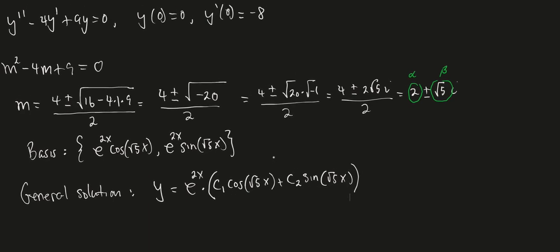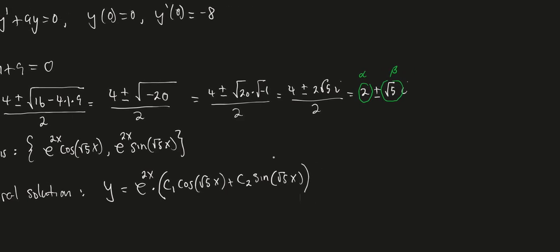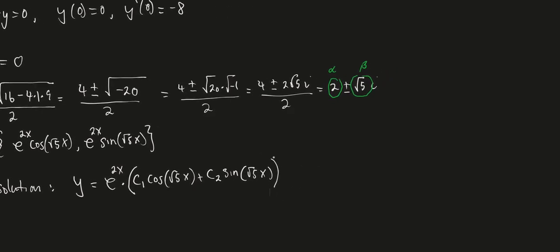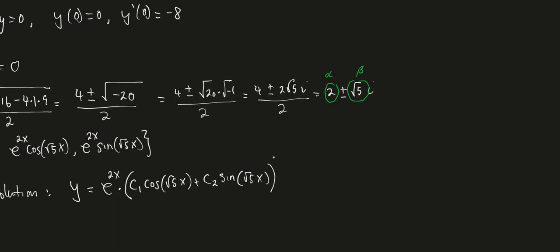So let's go ahead and do that. I'm going to scroll a little bit over here, give myself a lot of room. So y prime. So the derivative of the first is 2e to the 2x, and then times the second, so I'll just bring down everything that's in the parentheses.